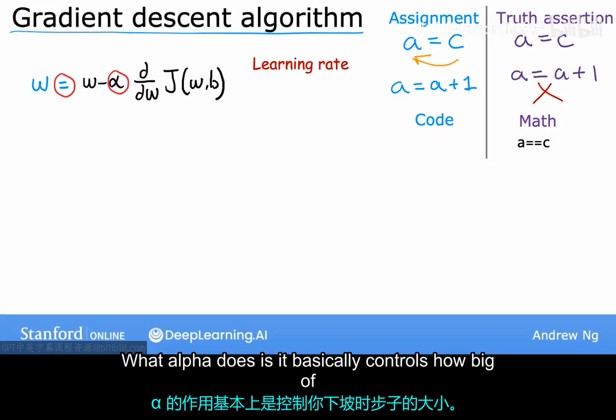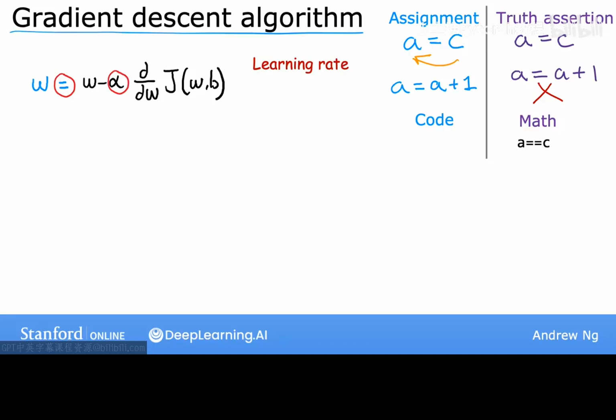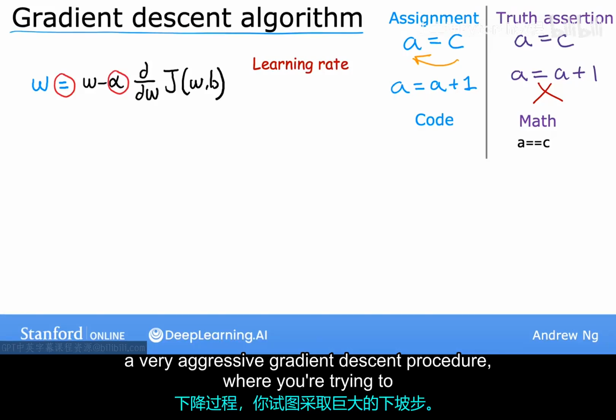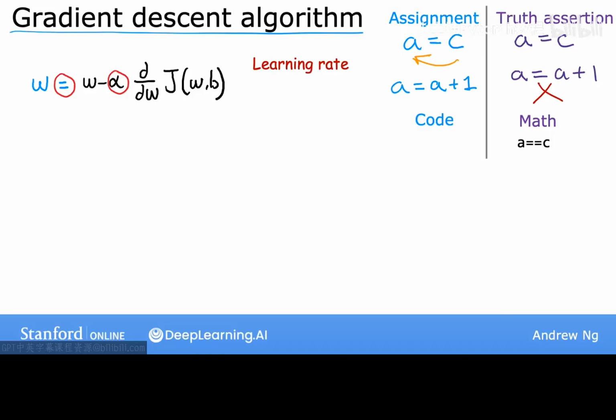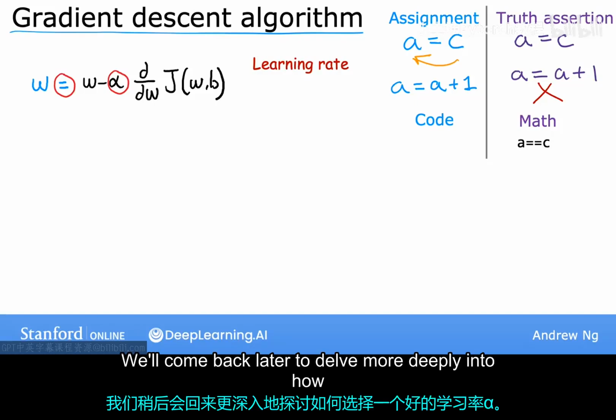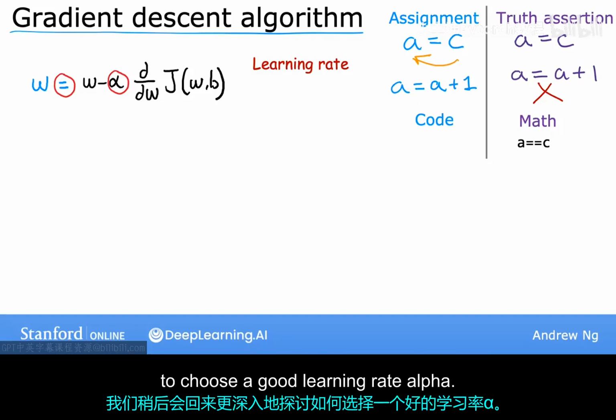What alpha does is it basically controls how big of a step you take downhill. So if alpha is very large, then that corresponds to a very aggressive gradient descent procedure where you're trying to take huge steps downhill. And if alpha is very small, then you'll be taking small baby steps downhill. We'll come back later to delve more deeply into how to choose a good learning rate alpha.